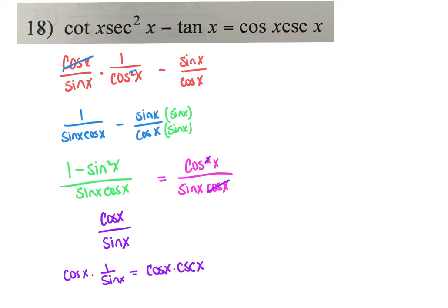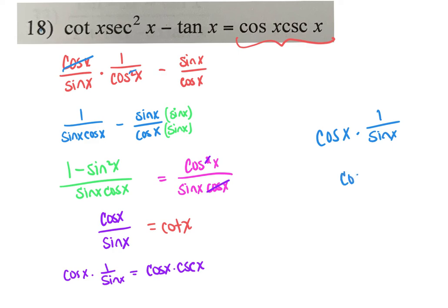Let's say you don't see that and you say, oh, well, that is the cotangent, and that's not what you're trying to solve for. You can then take the right-hand side and make it into cotangent. So you could say, I'm just going to take cosine of x times my cosecant and rewrite it as sine and cosine.